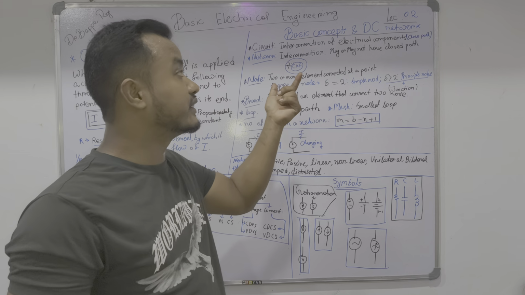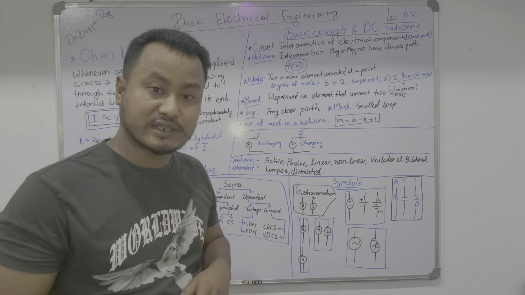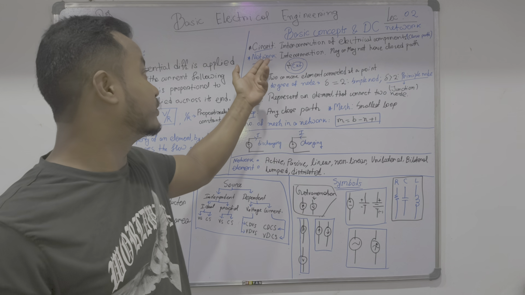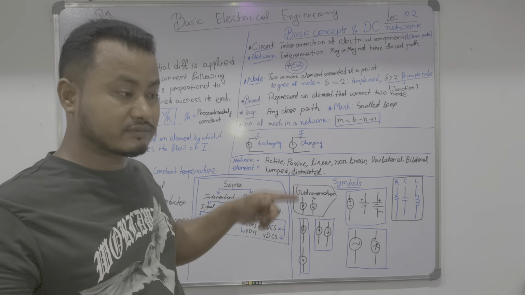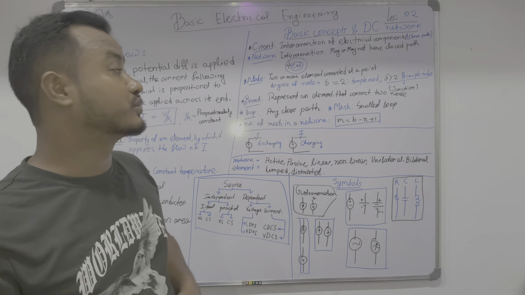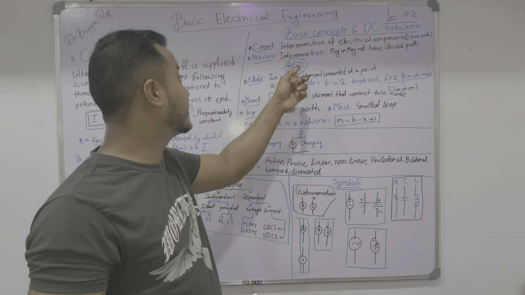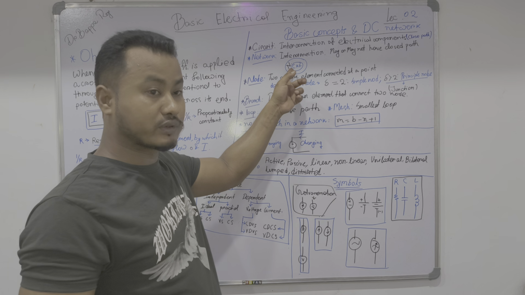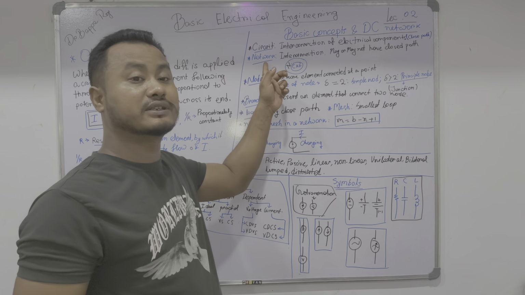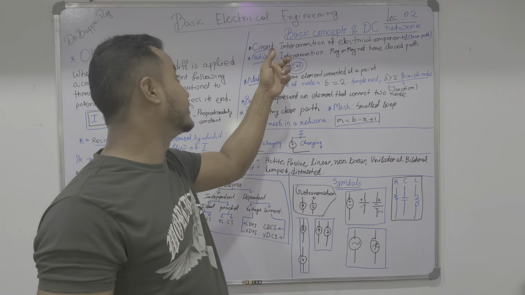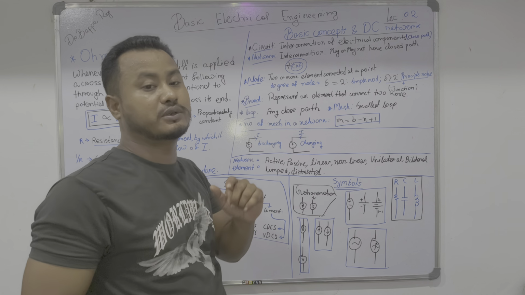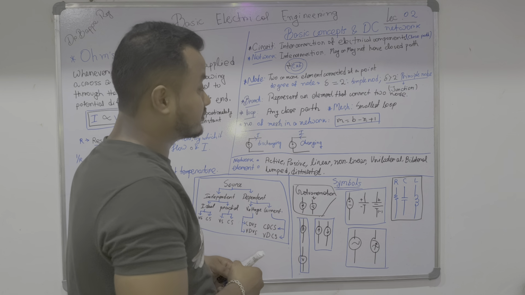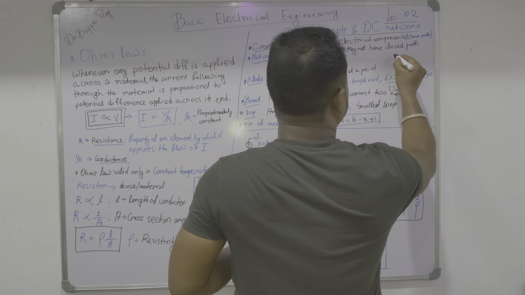A network is also an interconnection of electrical components, but we always say network for a bigger size. All circuits are a subset of networks. A network can be open loop or closed loop, but in circuits we mainly talk about closed loops.